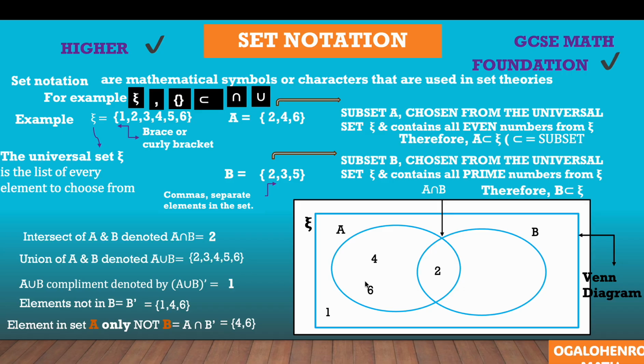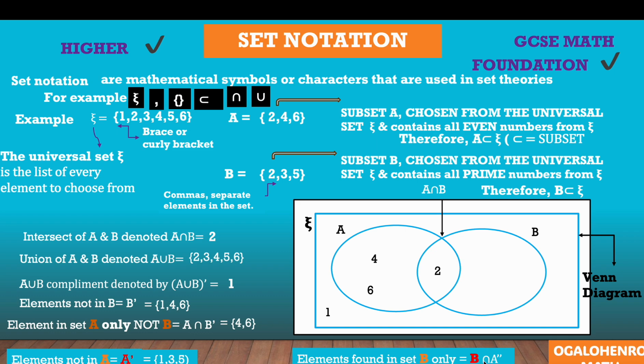Now we also do the same thing for getting the elements outside the overlap for B. So we've got the elements not in A, that is A complement. A prime will be 1, 3, 5. So the elements not in A are going to be 1, 3, 5. Now the elements found in set B only will be B intersect A prime.